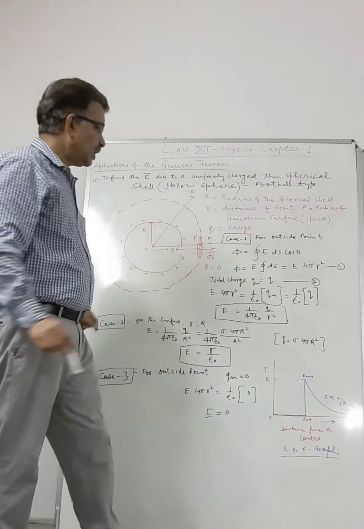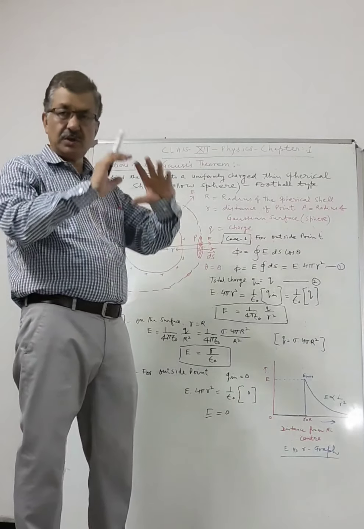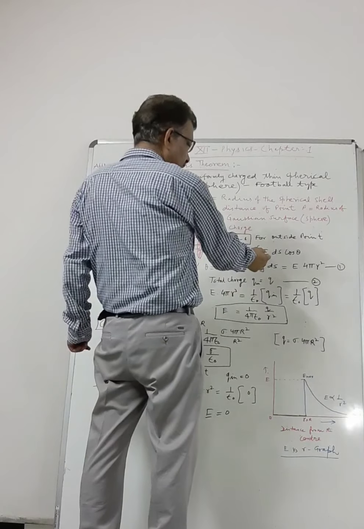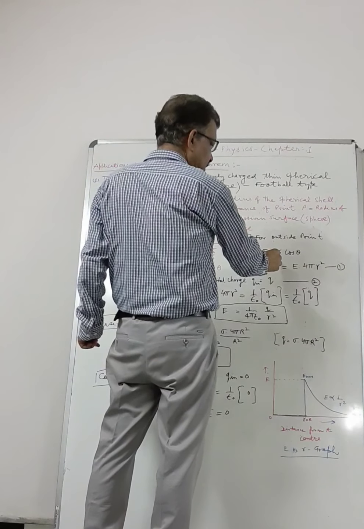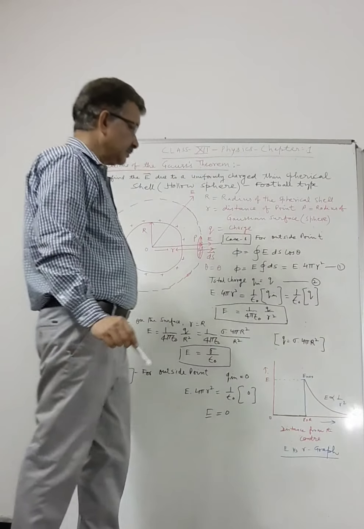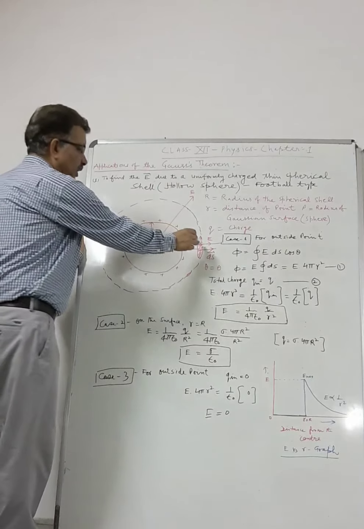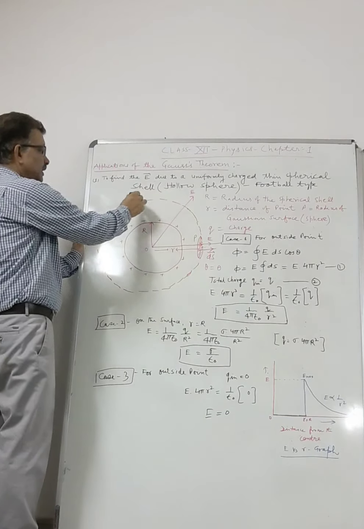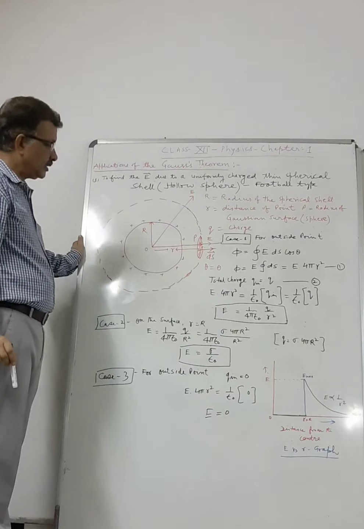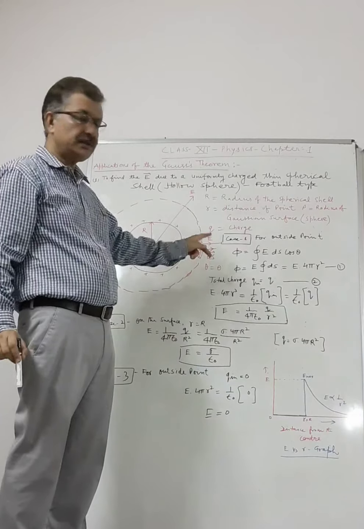Okay. So now we have to find out the total flux passing through the closed Gaussian surface. So now it will be nothing but the closed integral of E ds cos theta. By symmetry we are seeing that the value of E may be taken as constant on every point on this Gaussian surface.